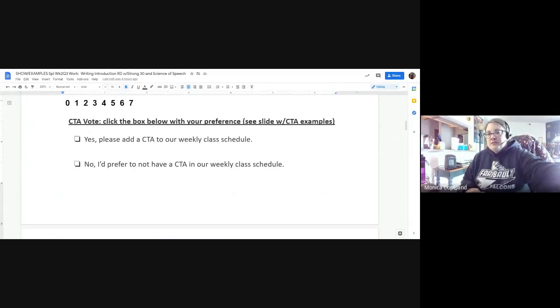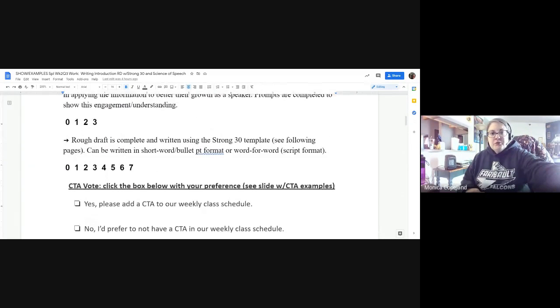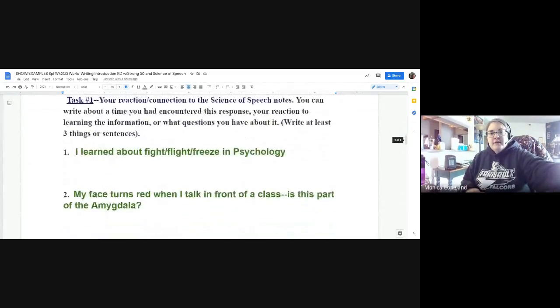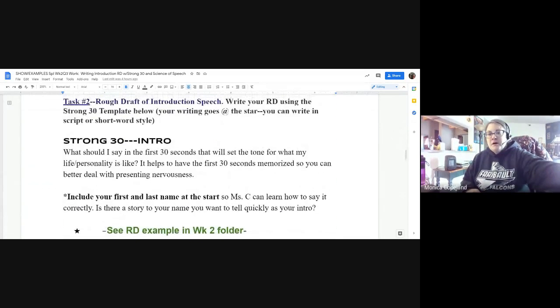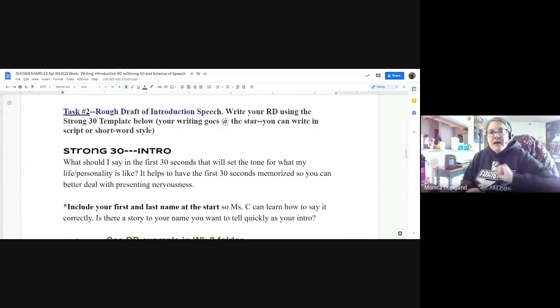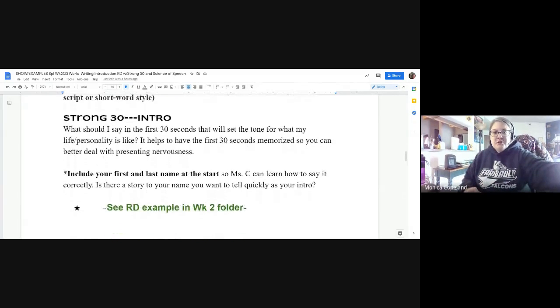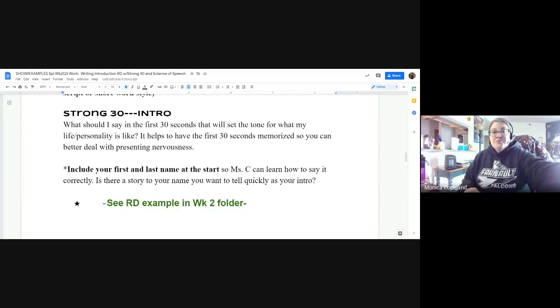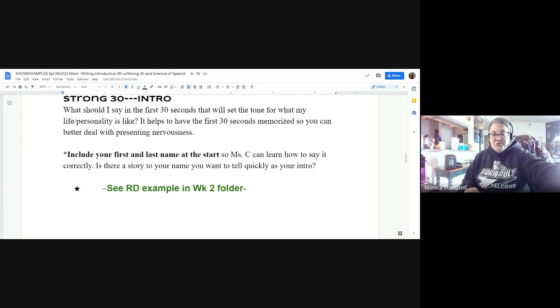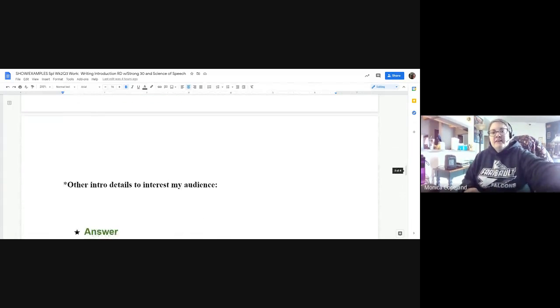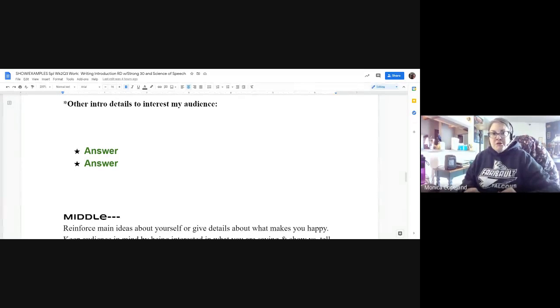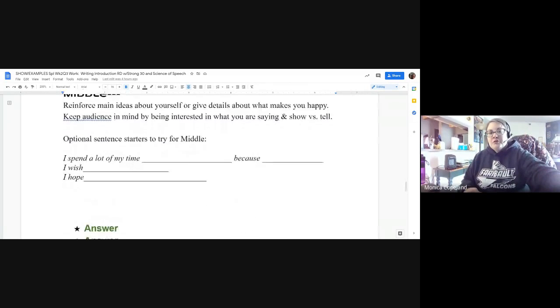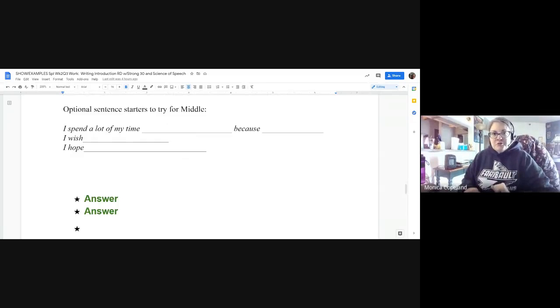This is where your CTA vote is, by the way, right at the bottom below the rubric. So first you have questions about tomorrow's lesson, and then task 2 is where you write your rough draft. And notice it looks very similar to what I just showed you. That is intentional, right? I've also included the usual stars so that you know where to write information about yourself.